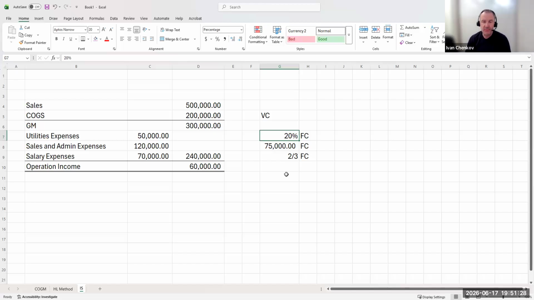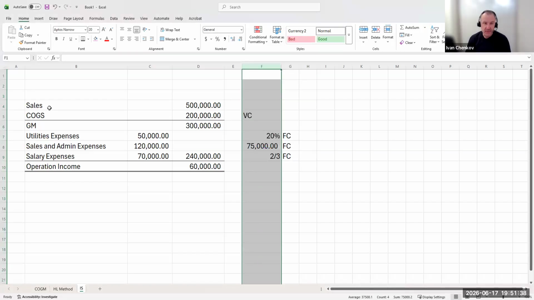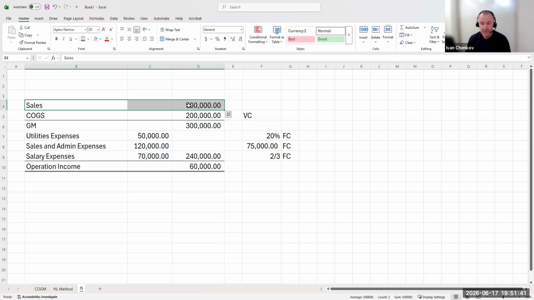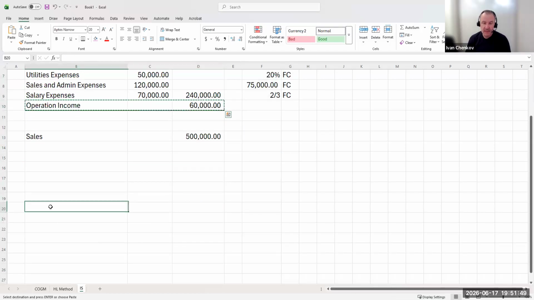So what we have to do is prepare the contribution format income statement. What you have to remember is that it's going to start with sales. There's no other option. Then it's going to finish with operating income, which is going to be exactly the same.